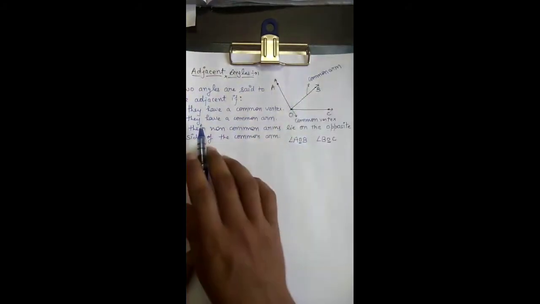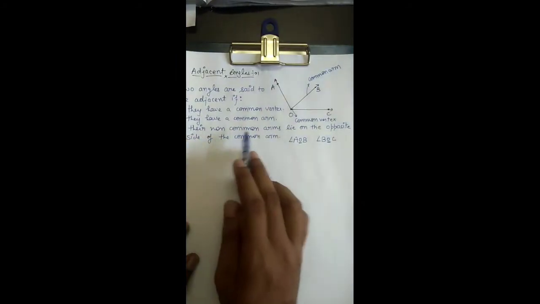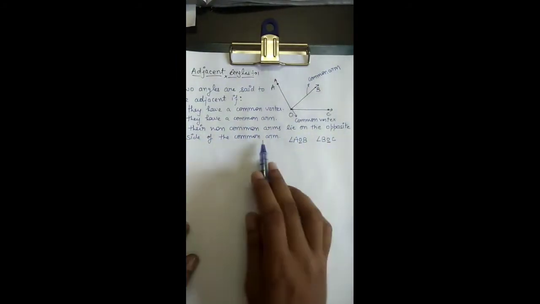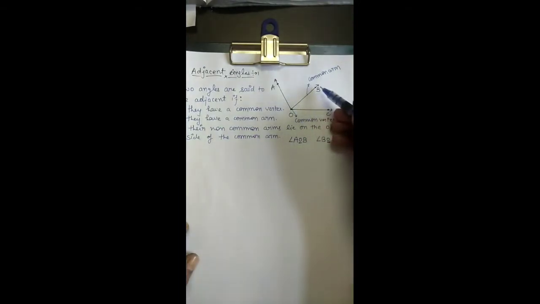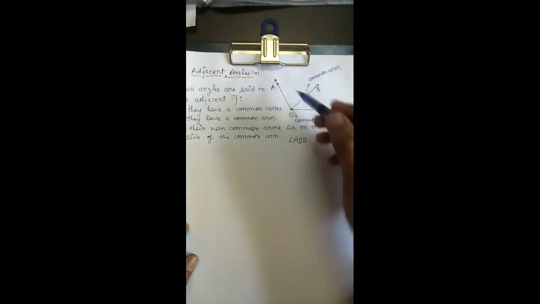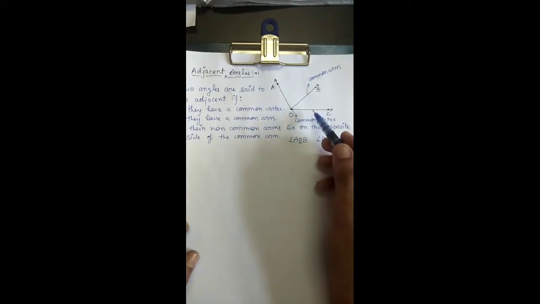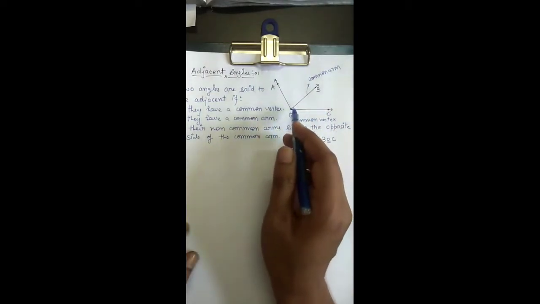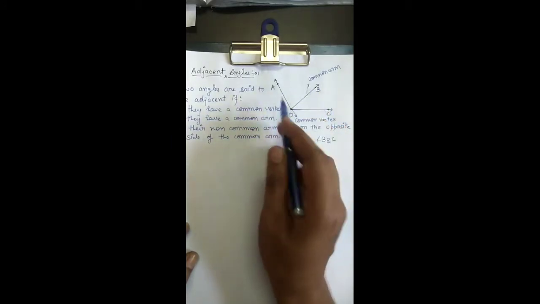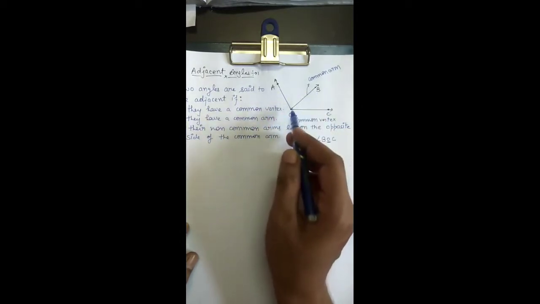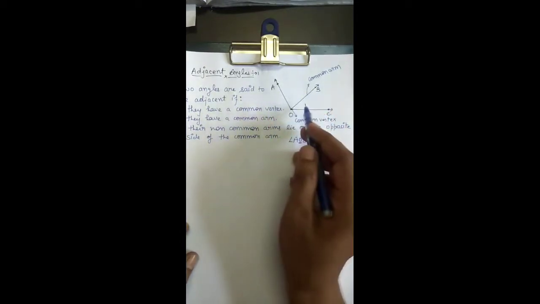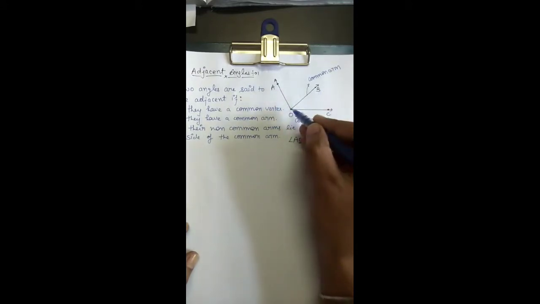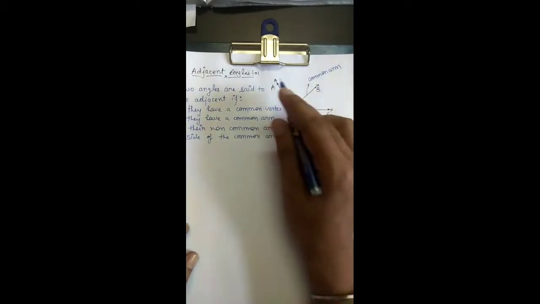Now look at the conditions. They have a common vertex. Yes. They have a common arm. Yes. Now the third condition is their non-common arms lie on the opposite side of the common arm. This is the common arm, and OA and OC are the non-common arms which are on the opposite sides of this common arm. The common arm is in between them, and OA and OC are in opposite directions.